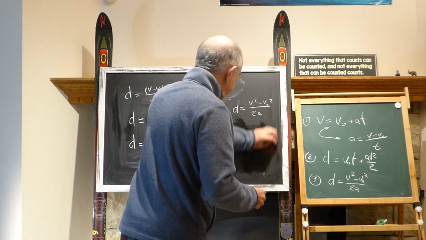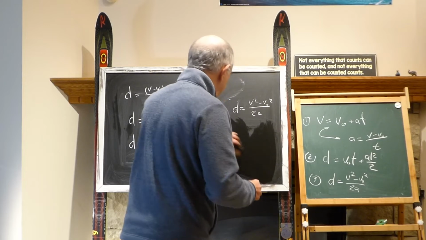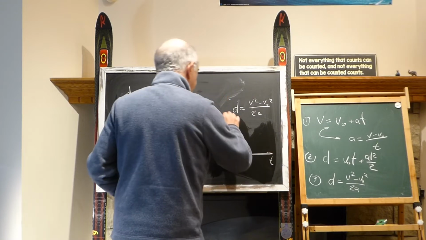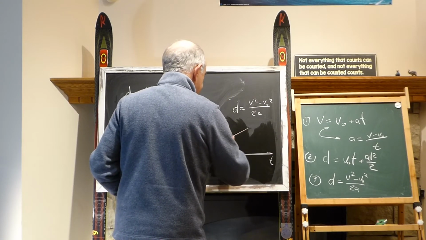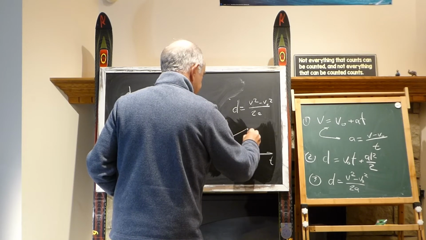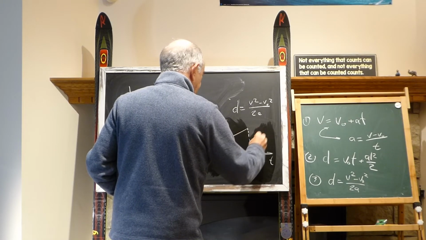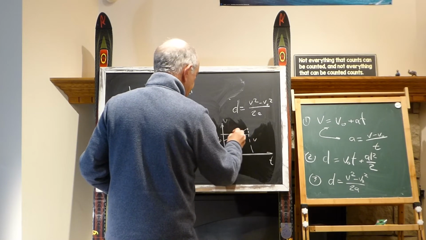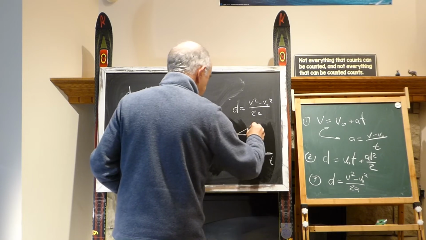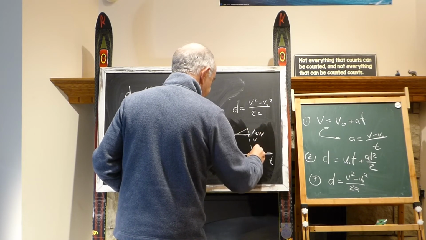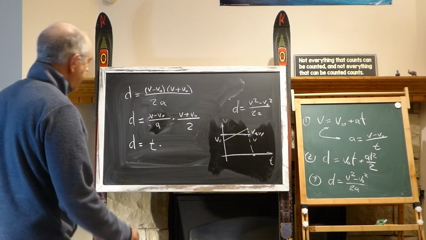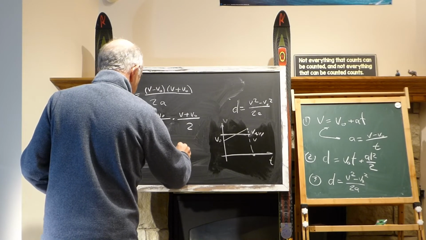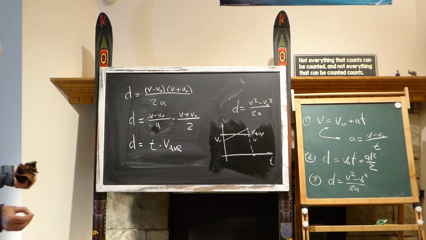So let's put the graph again, the graph of v over t, and this graph is this, and this is v0, and this is the final speed v, and v plus v0 over 2 is the average speed. This is the average speed for the duration of this period of time t. So what we have is t multiplied by v average. But isn't that what we should get?